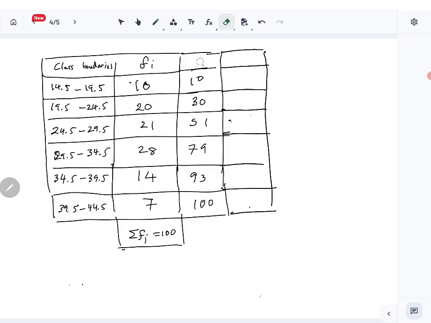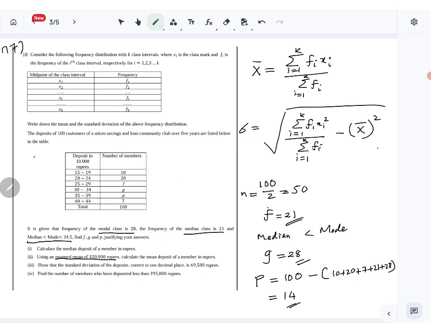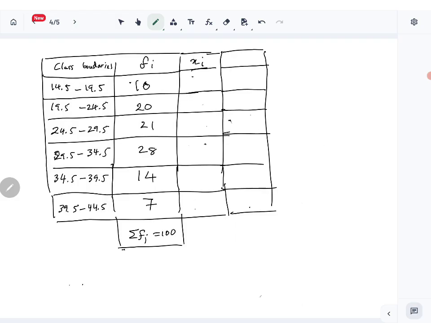Cumulative is done. So what are the midpoints? It's better to use this one, 15 plus 19 over 2, 17. Then the class size is 5, so just add 5: 22, 27, 32, 37, 42.